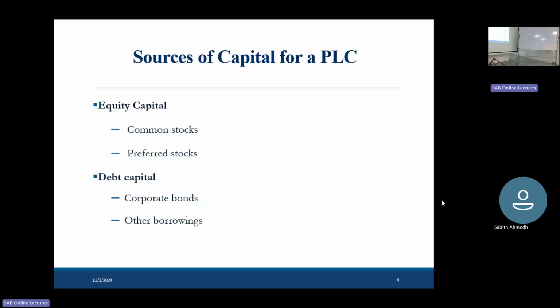Preference shares we consider a hybrid security, because some textbooks categorize them under debt capital and some under equity capital. So there is some dilemma for preferred stock, but this won't be a problem for you.